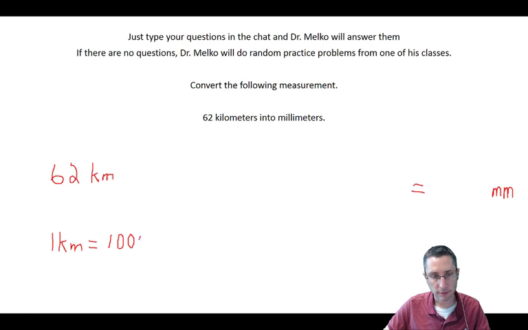Write down the information you know. I also have to do something with millimeters, so I'll write down something else I've memorized: there's 1,000 millimeters in 1 meter.